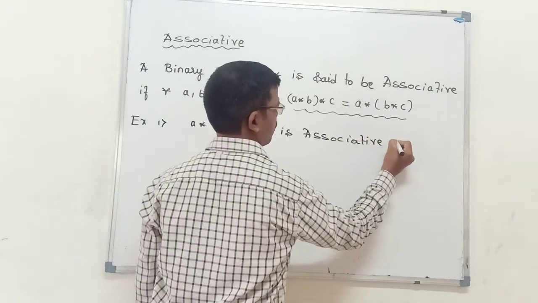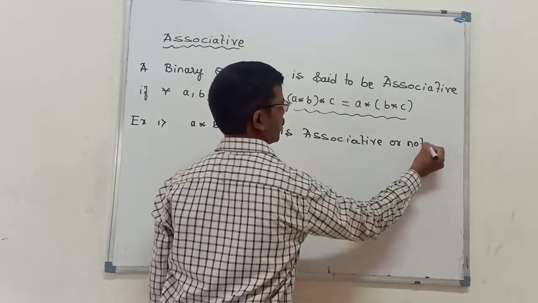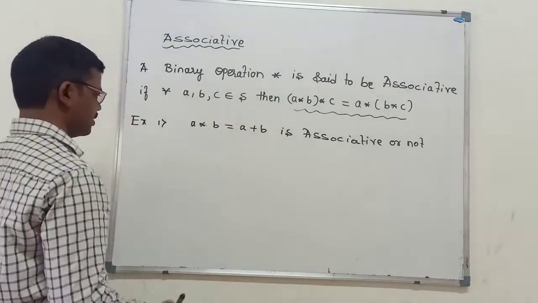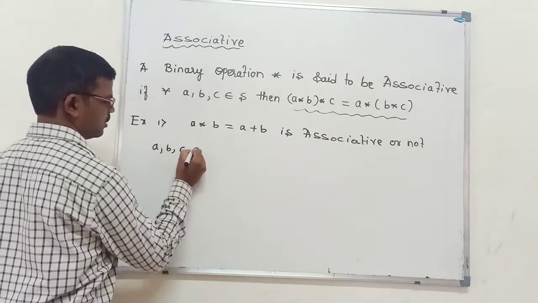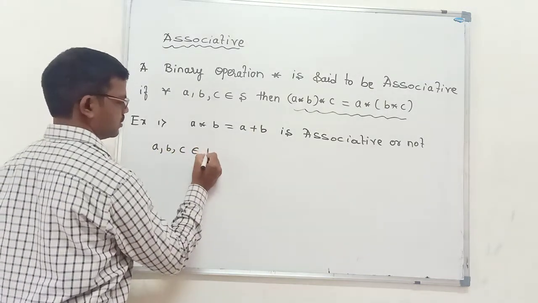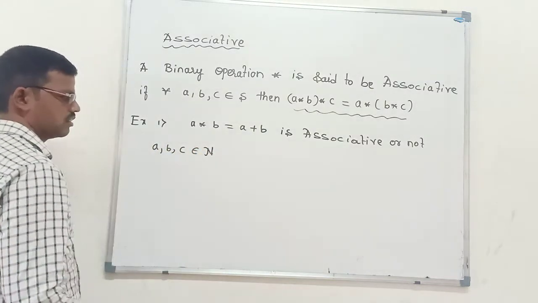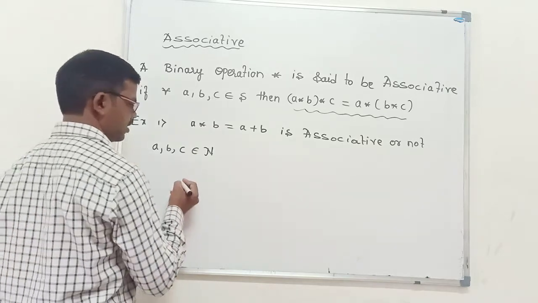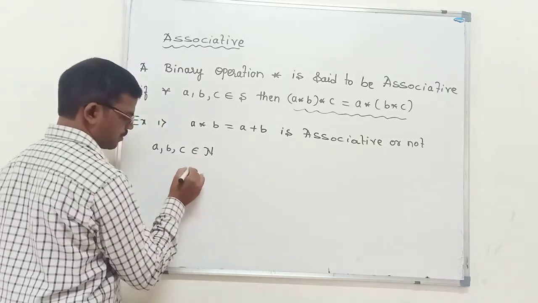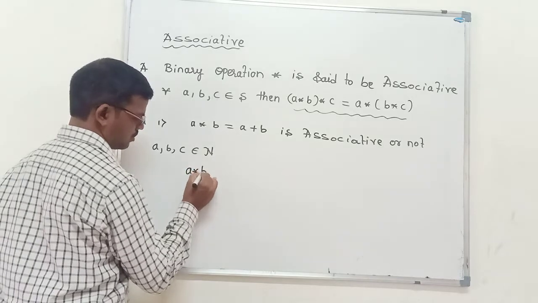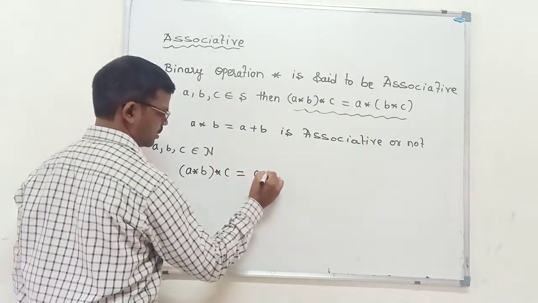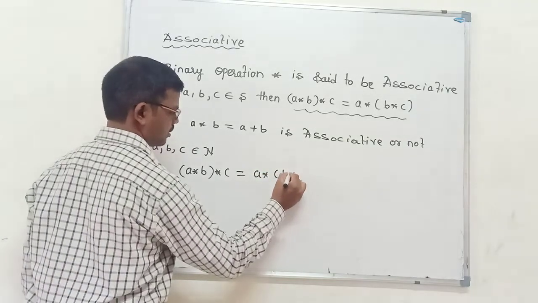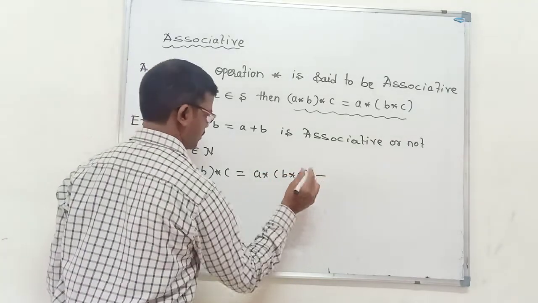Let me take three elements a, b, c belonging to N, the natural numbers. We check (a star b) star c equal to a star (b star c).